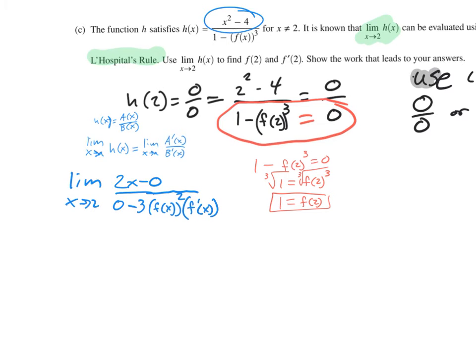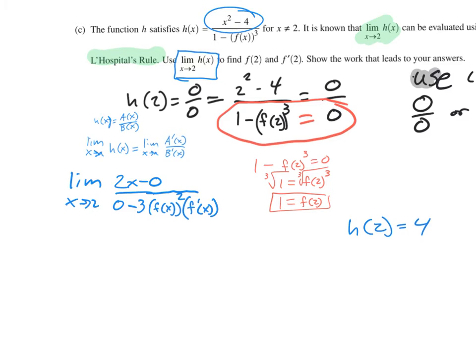We actually already know what this limit equals. They told us at the very beginning that h of 2 equals 4.